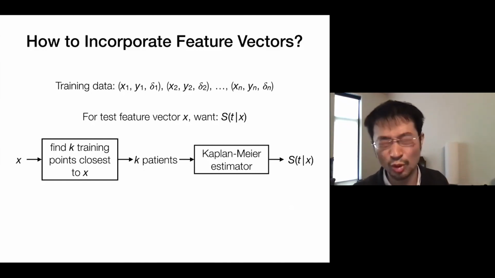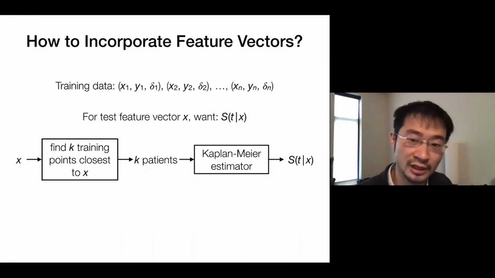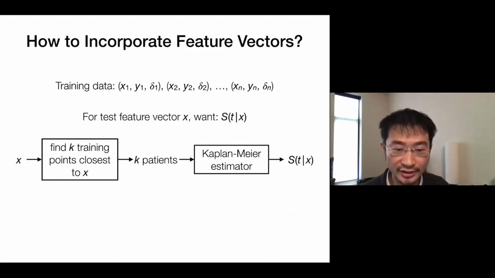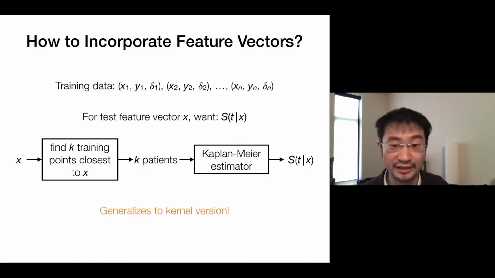And so this will now output a survival curve that is specific to this test subject with feature vector x.